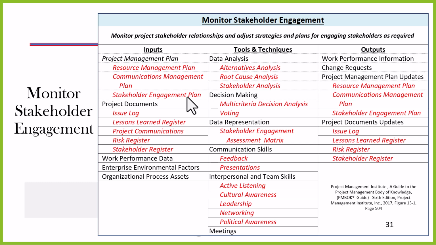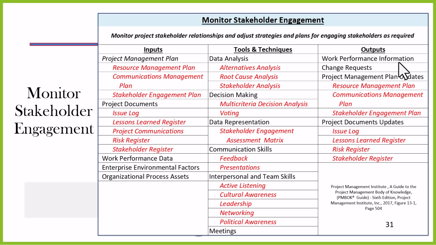Communications, SEAM, stakeholder engagement assessment matrix. Interpersonal team skills. All of these are going to be vital tools that I will use in this process, and then I will create what's called the WPI, or work performance information, as an output. And that WPI tells me how I am performing with regards to stakeholders.